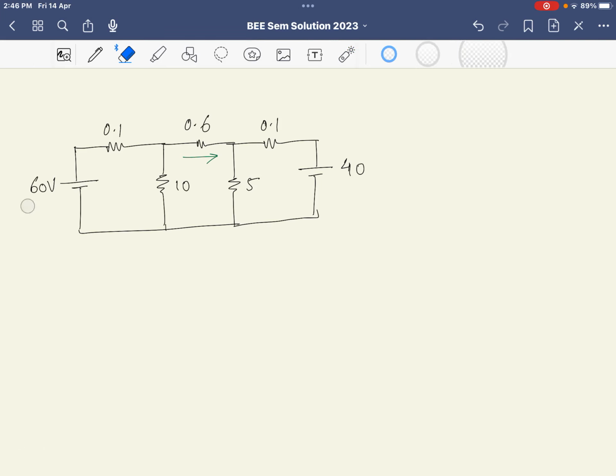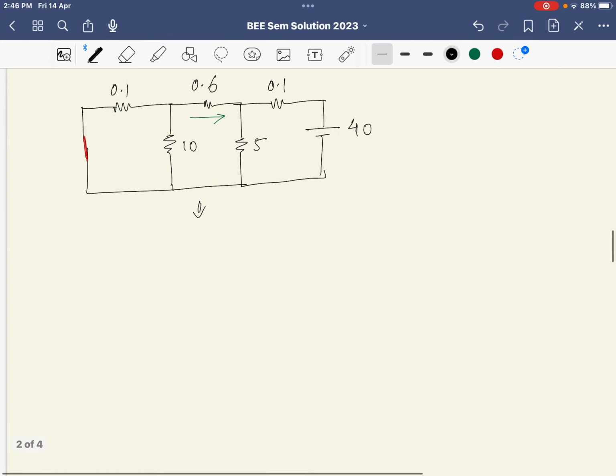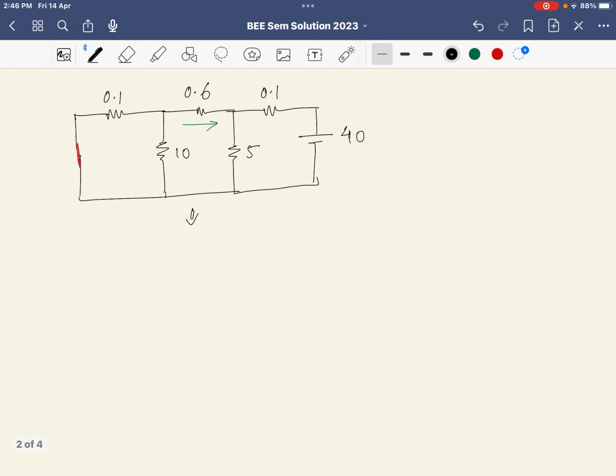Now we have got another circuit over here. In this circuit, we would like to delete the other source and replace it by a short circuit, because an ideal voltage source is represented by zero resistance. Now if we find the equivalent circuit over here, on this side you can see that 10 and 0.1 are in parallel.